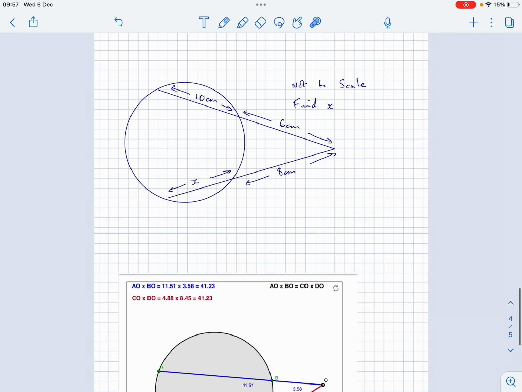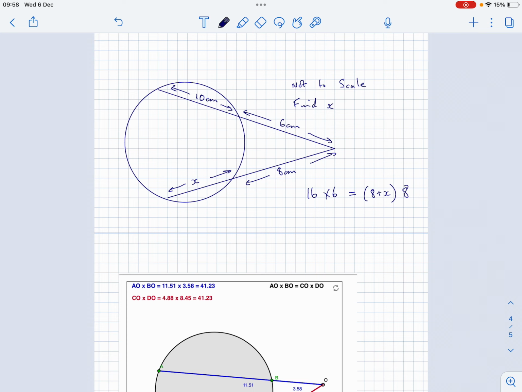So let's put that into practice. This top line here, the whole of that length is 16. The distance from the point outside to the circumference is 6. So that's got to be equal to the whole distance, which would be 8 plus x times by 8.